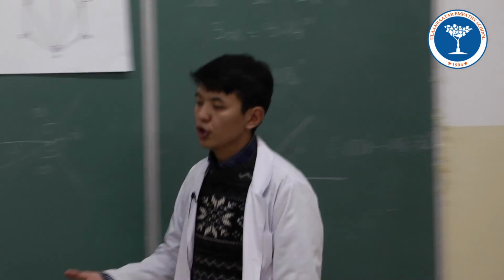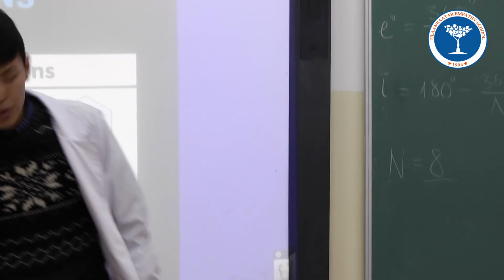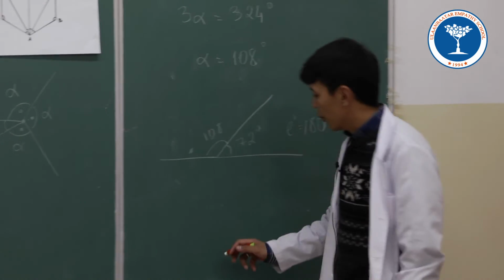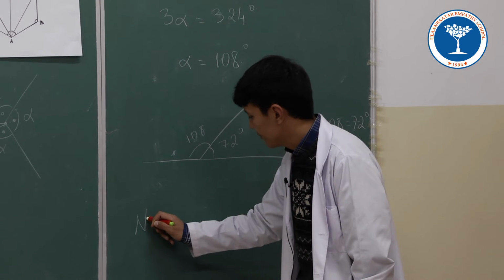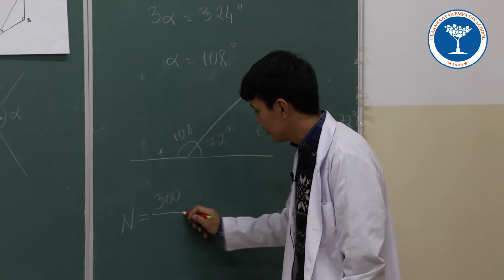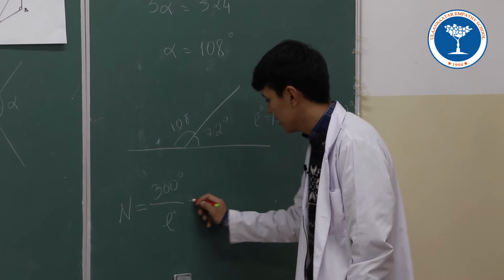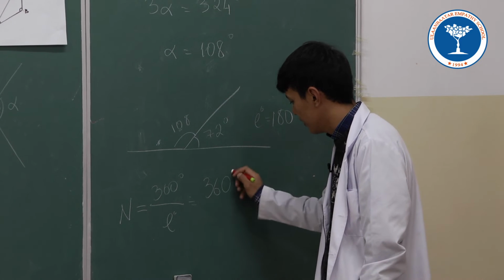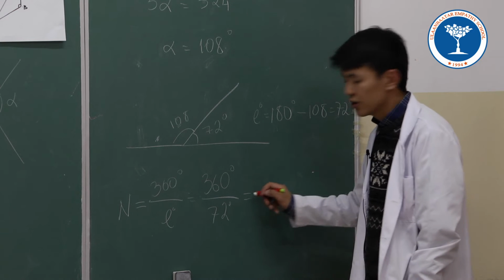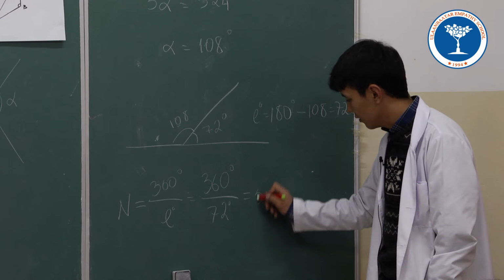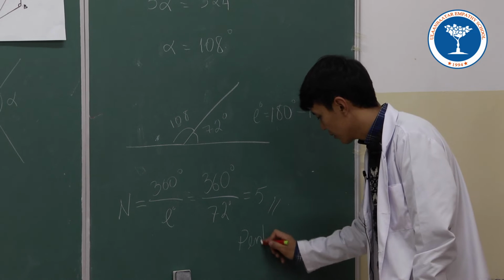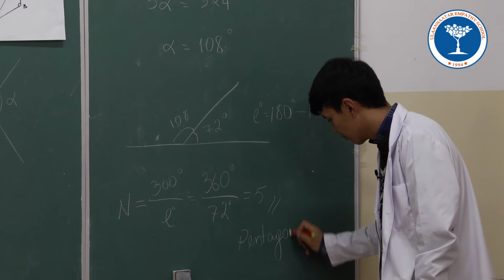Now, we should find the number of sides of this polygon to name it. So, the number of sides is equal to 360 degrees divided by the exterior angle, which is 360 divided by 72, which is equal to 5. So the answer is pentagon.